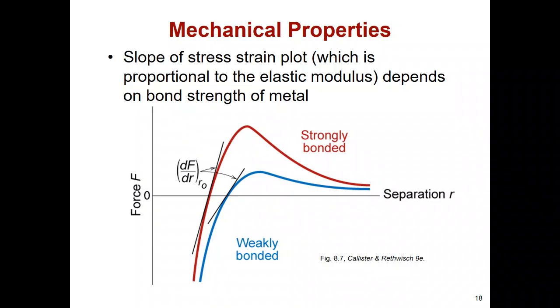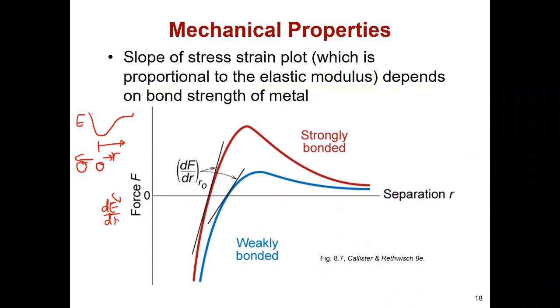Those kinds of things can result from bond behavior, so you should think about the energy curve with respect to the distance between two atoms. If this is the energy curve, you can change it to the force by differentiating with respect to the distance.